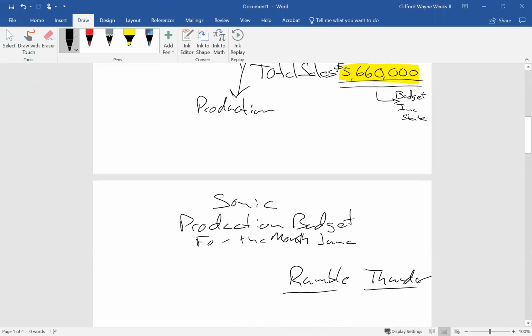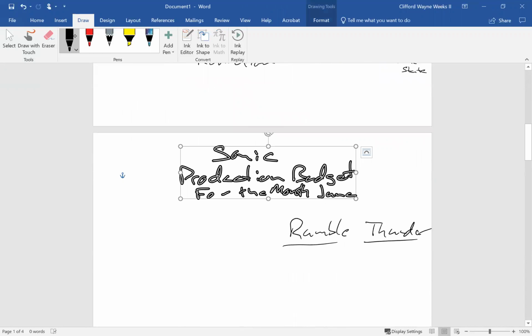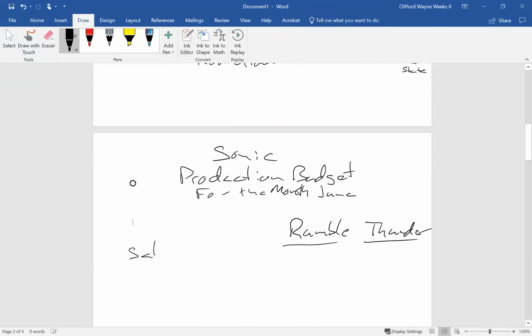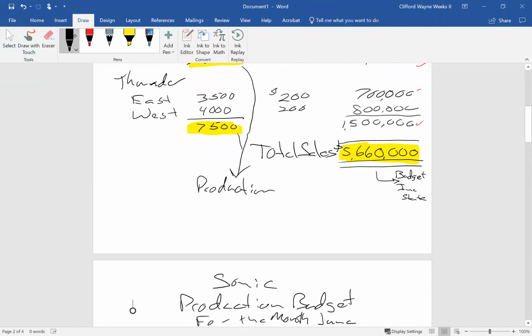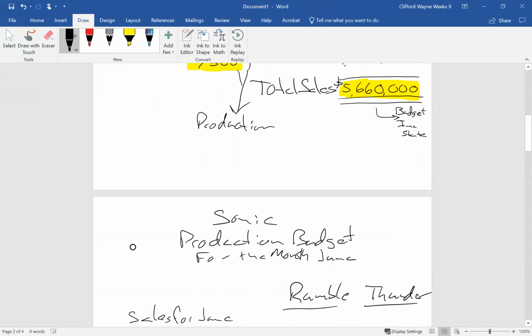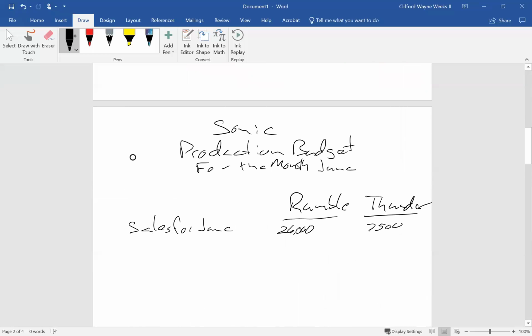And so what we're going to start with is our anticipated sales for June. And that's where these numbers come from, or why we need them. So again, we needed 26,000 and 7,500 of Thunder. Because we need to make those in order to sell those.